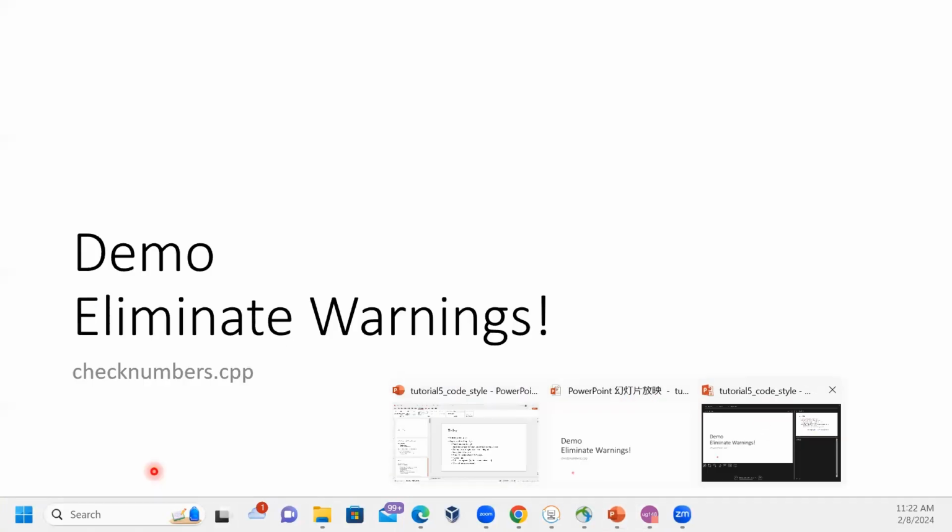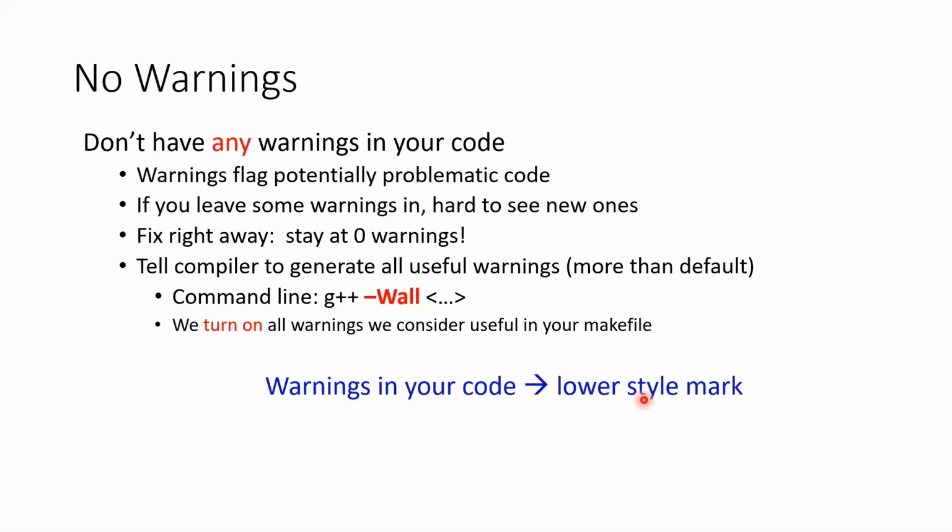Let's get back to the slides. And that is why we're asking for no warnings in your code. Because warnings will flag potentially problematic code like what we just saw, even though most of them are not important and they will not affect anything in your code.